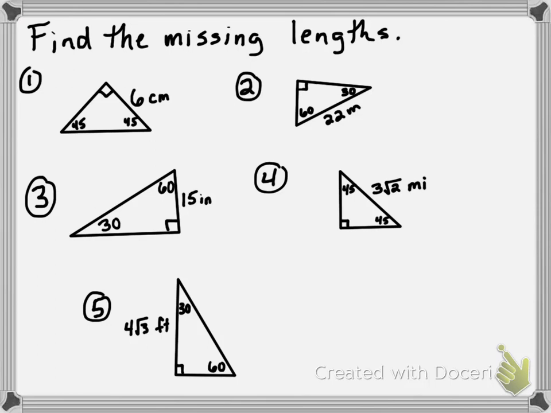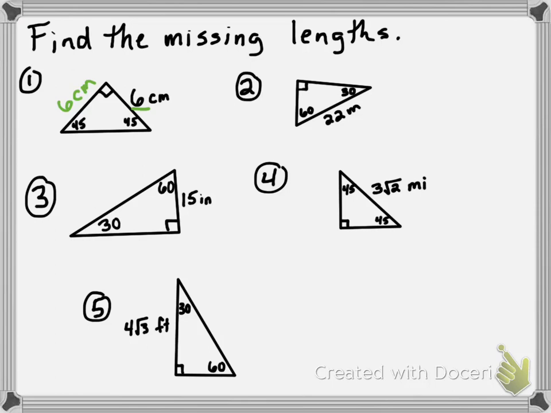Alright, so let's look at number 1. First thing you should notice is that it is a 45, 45, 90 triangle. So since this leg is 6, that lets me know that the other leg has to be 6 as well, because it's an isosceles triangle. This side is always the same as this side. Each leg on a 45, 45, 90 is equal.